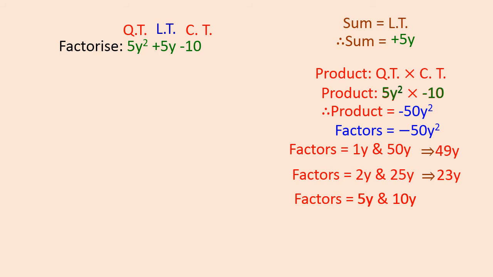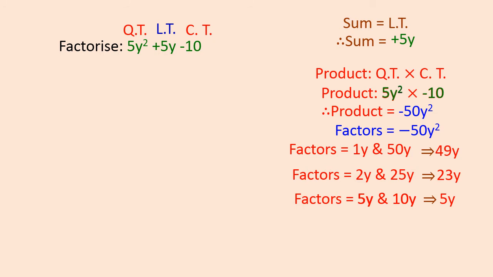Again I am repeating, because product has a negative sign. Last one 5y and 10y, 5y. Now out of these three differences, let us check which is matching with sum. So 5y, that means required factors are 5y and 10y. Our this much work is over.